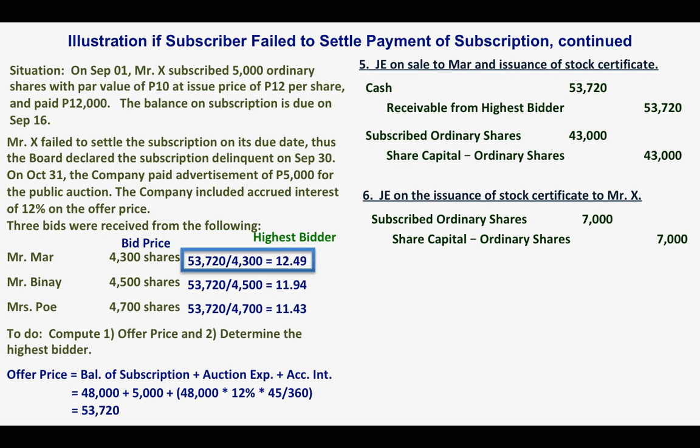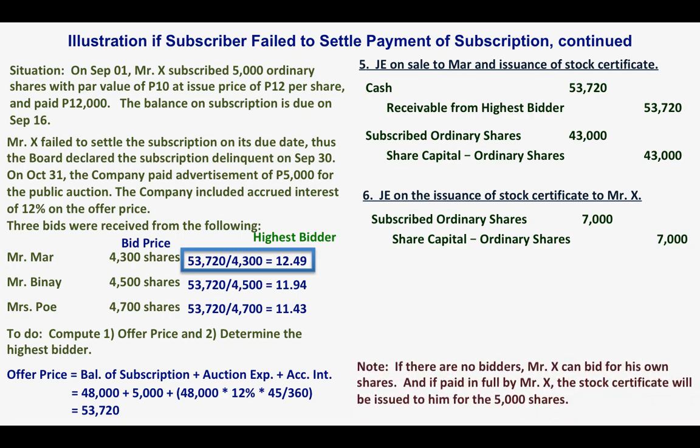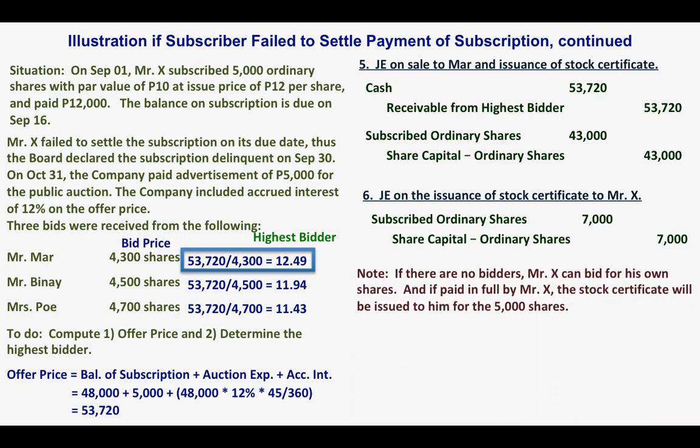Class, what if the situation is that there was no bidder? If there are no bidders, then Mr. X can bid for his own shares. And if paid in full by Mr. X, then the stock certificate will be issued to him for the 5,000 shares. Of course, it is a given that if Mr. X will make a bid, then at that time he has the capability to pay what he is bidding.